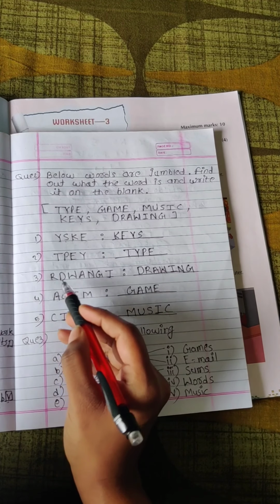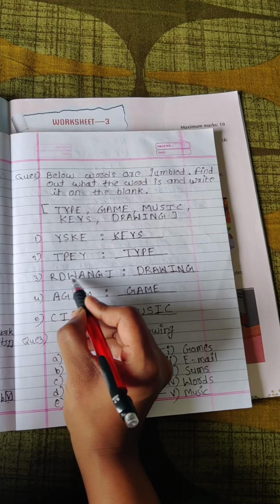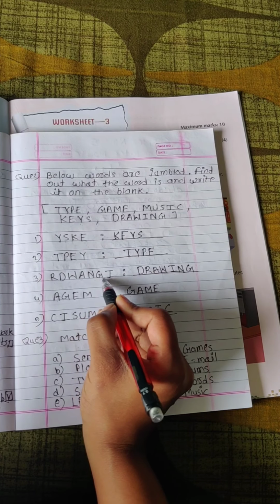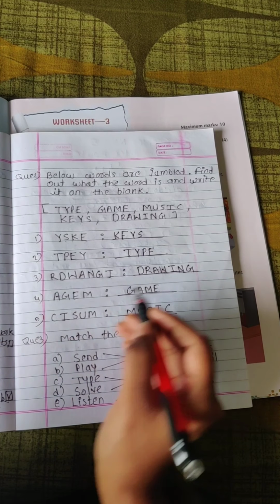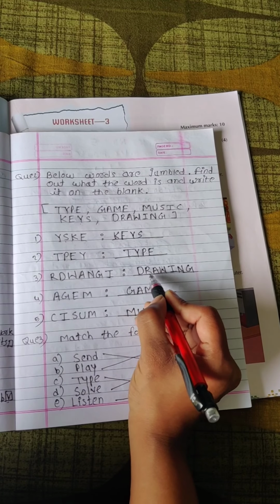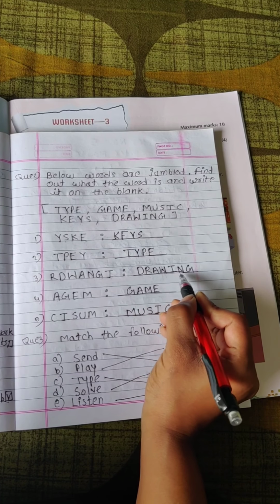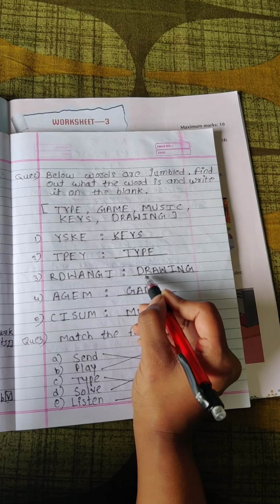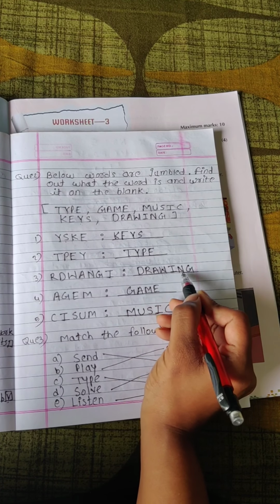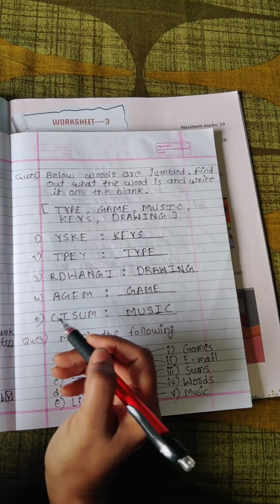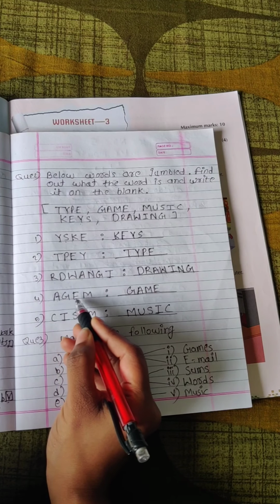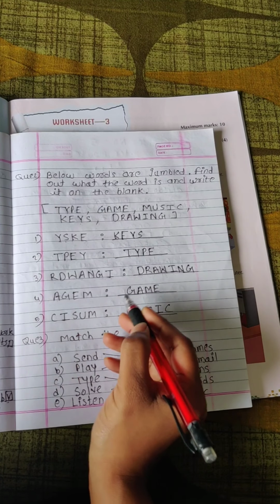Then third is RDWANGI. The correct word is drawing. Drawing spelling is DRAWING. Then fourth is AGEM. The correct word is game.